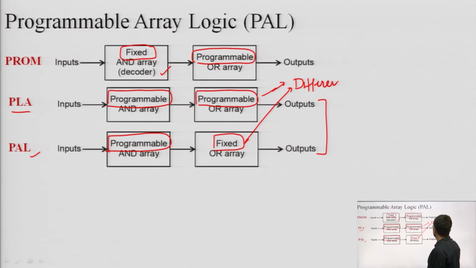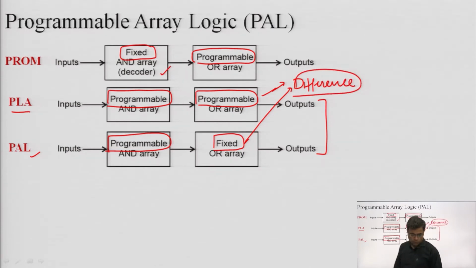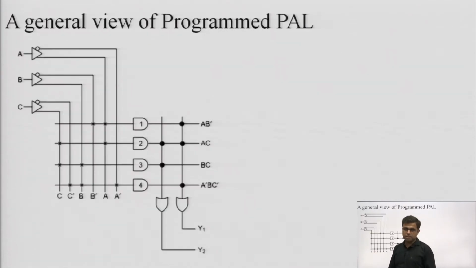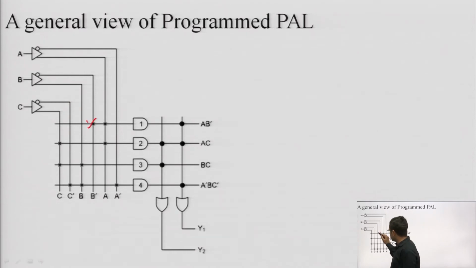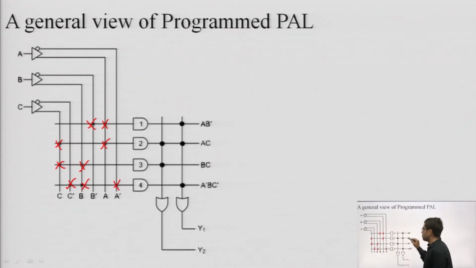This is the basic point of difference between PLA and PAL, and that difference can be visualized in this form. In PLA we had seen that if we were using a programmable AND array and a programmable OR array, these links were programmable, and these links were also programmable.